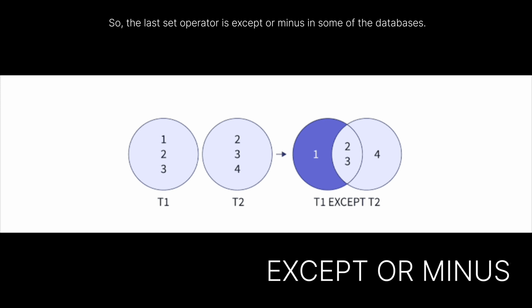The last set operator is except, or minus in some of the databases. The except operator returns the distinct rows that appear in the first query but not in the result of the second query. What does this mean? Look at this example: query T1 has numbers 1, 2 and 3 and query T2 has numbers 2, 3 and 4.